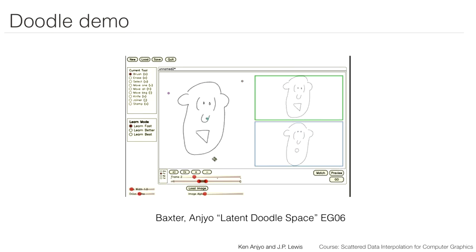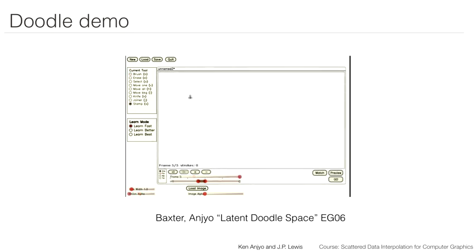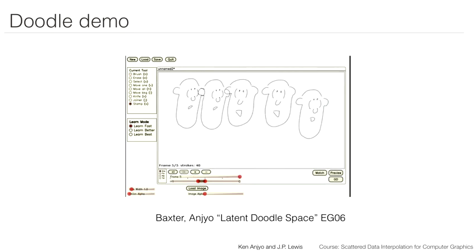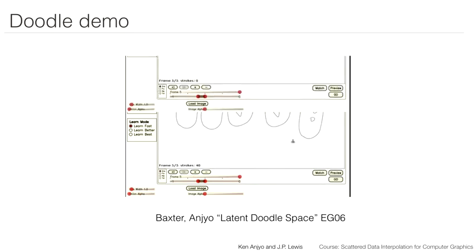Now with the stroke directions corrected, things are looking much better. Now we can use the latent doodle space to implement a sort of probabilistic stamping tool. A new random doodle is created for every click of the mouse.